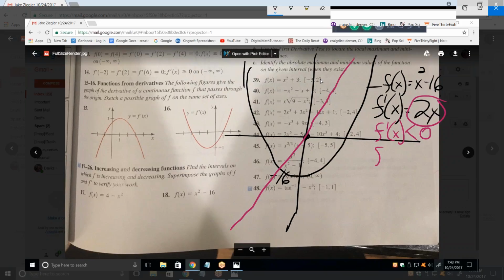F prime of x is greater than 0 when x is positive. Just because of this. There's f prime of x. So we know where it's positive and where it's negative. And it agrees with where the original function is increasing or decreasing.